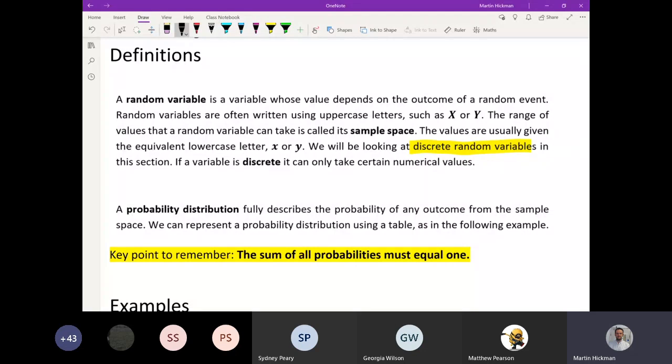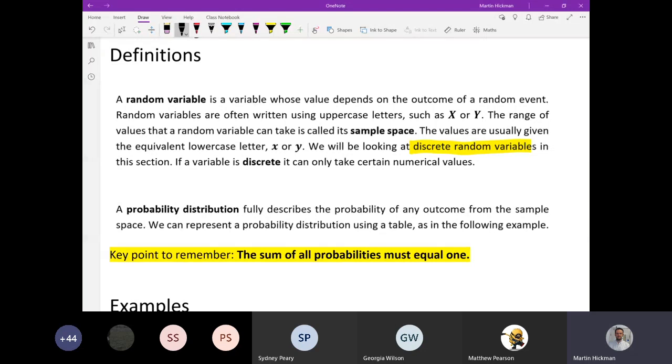Now, the outcomes themselves that these events can take, we use lowercase letters such as lowercase x or lowercase y. So typically, if we use a capital X to represent our event, we'll use a lowercase x to represent all our possible outcomes. Now, in this section, we're only looking at discrete variables, which means it can only take certain numbers.